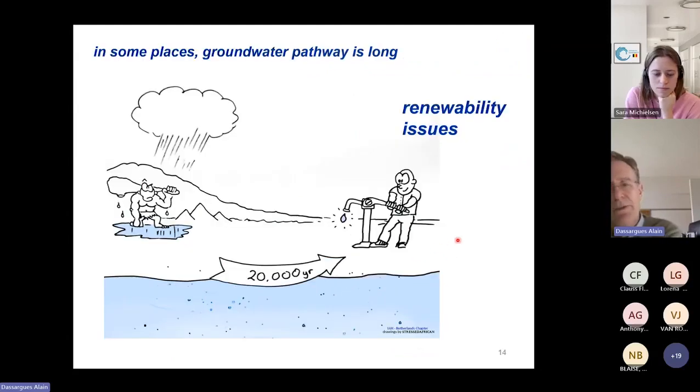And as I said previously, sometimes the water that you are pumping from the underground is a very old water, especially in arid zones where groundwater is the only water resource available. We are obliged to do that, but it is questionable in terms of renewability and sustainability.